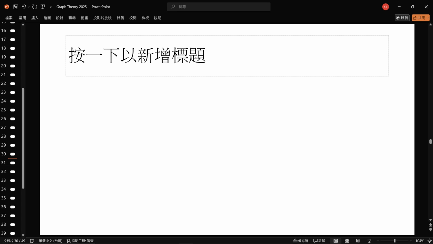So like this, we do not have this edge. And let's call this vertex Y. So this vertex Y is a neighbor of U, but Y is not adjacent to X.